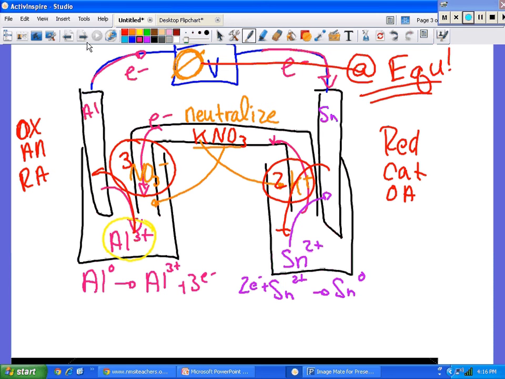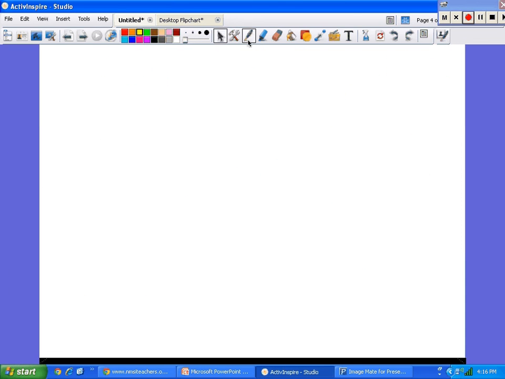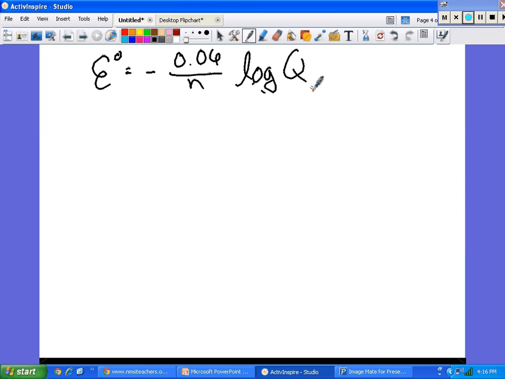All right. So writing it again. E naught equals negative 0.06. No, excuse me, not just Q. We've already solved for Q, and we said it was Al3+ squared over Sn2+ cubed. That is Q. Now, what is n again?